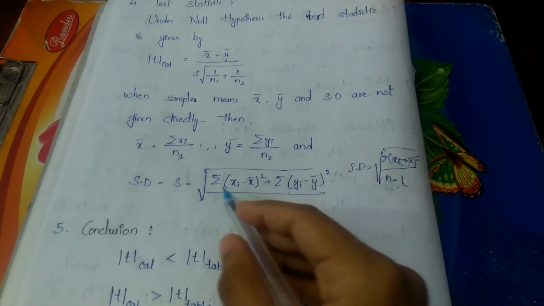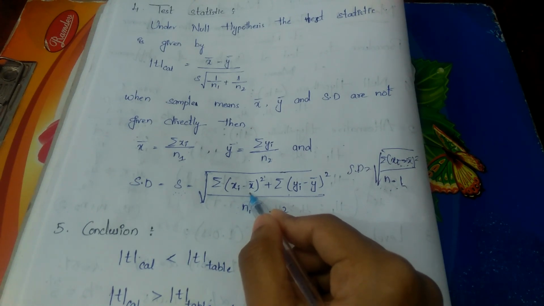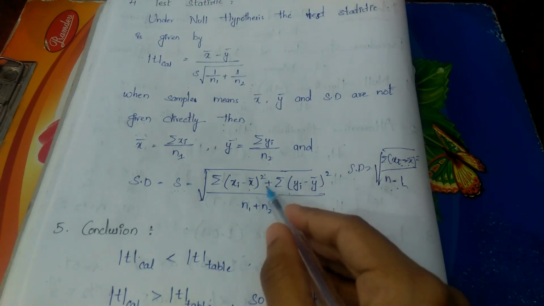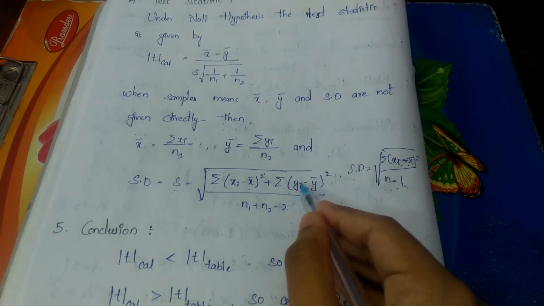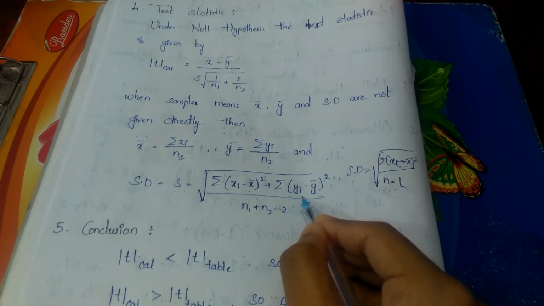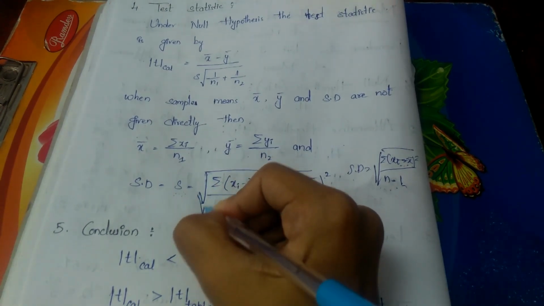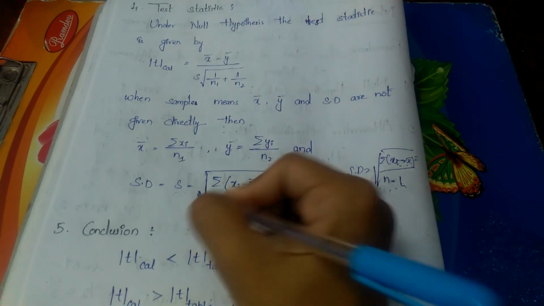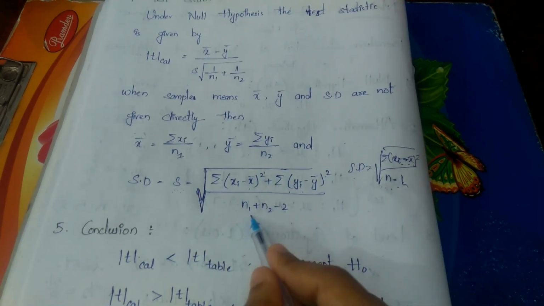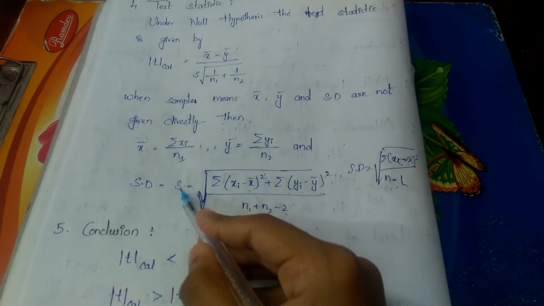That is the square root of sigma of xi minus x bar whole square, which is the sum of the squares of the deviations from the mean of the first normal population, plus sigma of yi minus y bar whole square, which is the sum of the squares of the deviations from the mean of the second normal population, divided by the degree of freedom. This square root is for both numerator and denominator. So the degree of freedom is n1 plus n2 minus 2. This is the standard deviation formula we will use to find s.